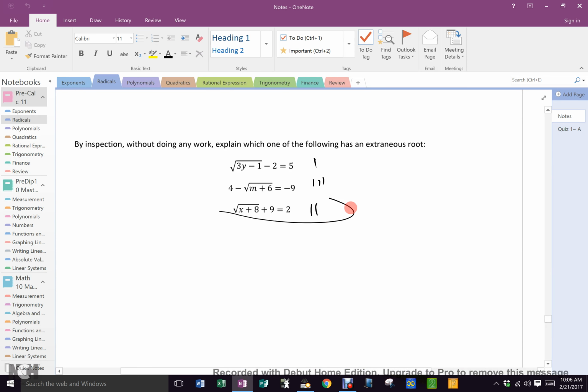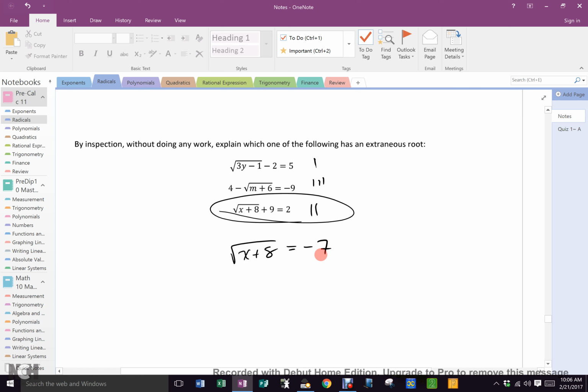The answer is, of course, this one. It is the last one. Why? What's the first step? Isolate the radical. So that's going to be root x plus 8 equals negative 7. Can you have a root equaling something negative? No. Because all roots have to be what? Positive.